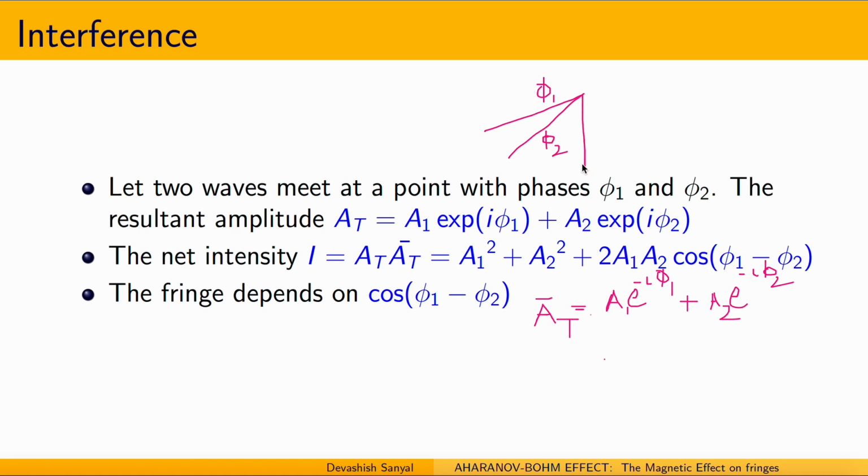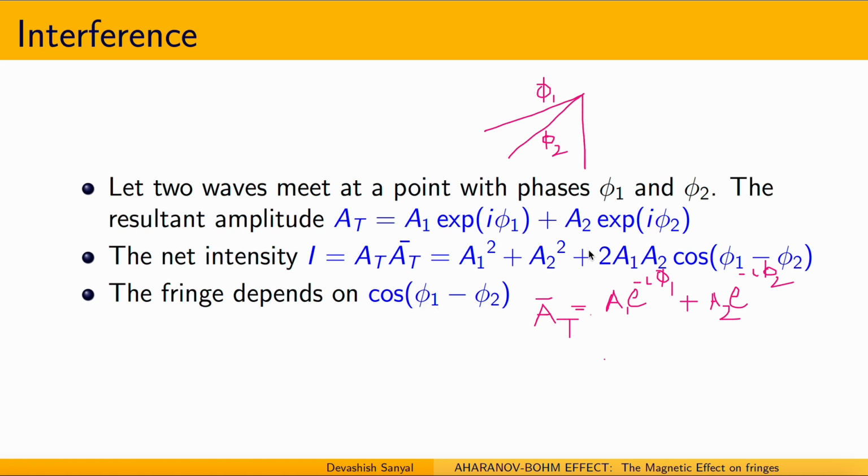This is the part which leads to variation of intensity as we go across the screen, this phi 1 minus phi 2, because as we go across the screen phi 1 minus phi 2 varies, and that leads to the interference pattern. So the fringe depends on cos of phi 1 minus phi 2.